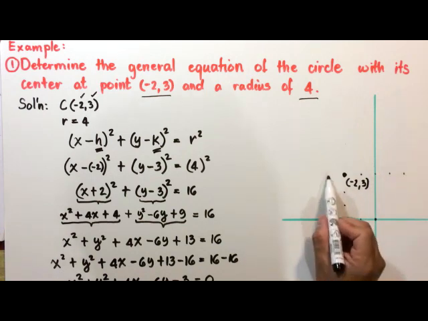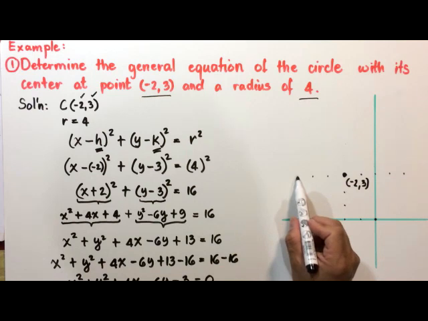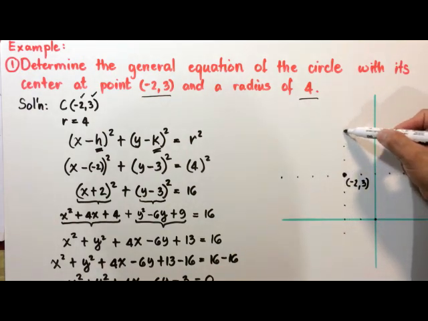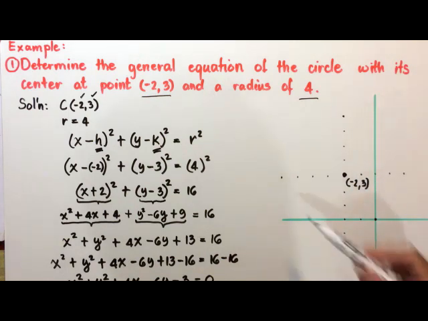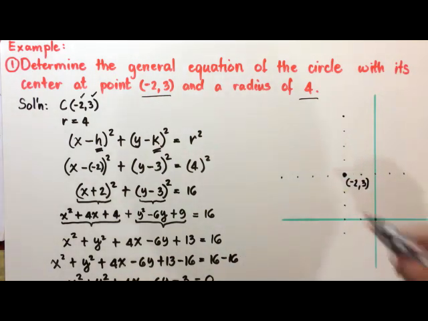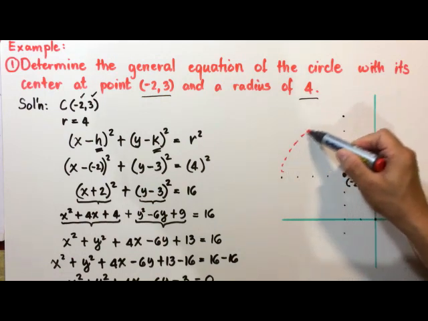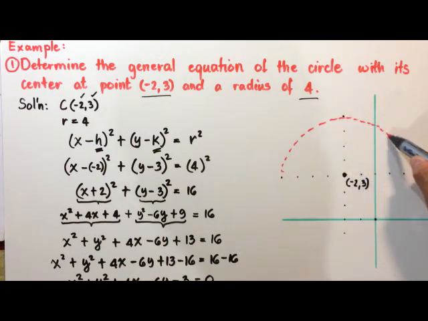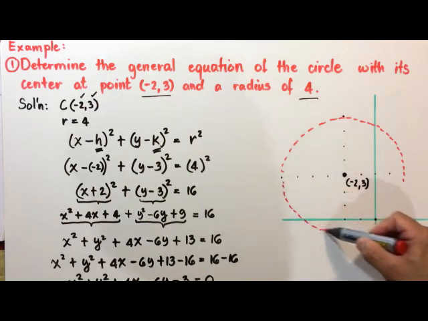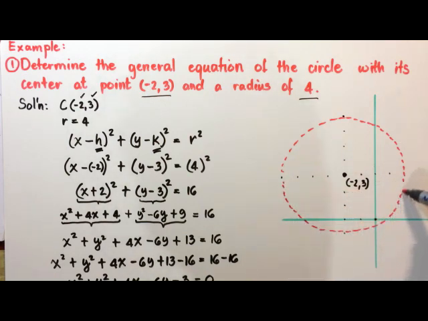You count also 4 units to the left. 2, 3, and 4. You count 4 units to the right. 2, 3, and 4. Then you can form a circle here. So how will I draw the circle? I just approximate drawing of a circle there.